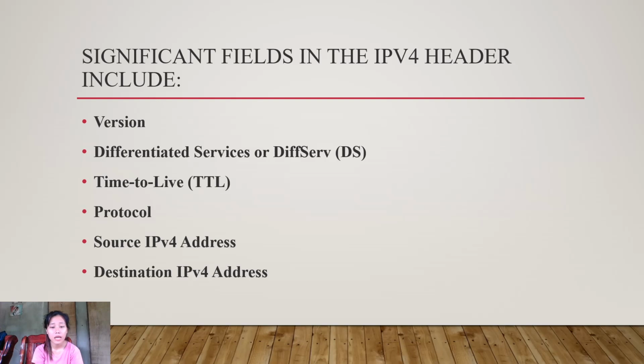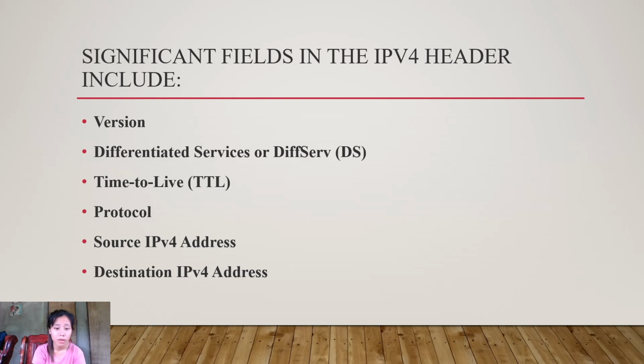This 8-bit protocol value indicates the type of data payload the packet is carrying, which enables the network layer to pass the data to the appropriate upper layer protocol. Common values include ICMP 1, TCP 6, and UDP 17.